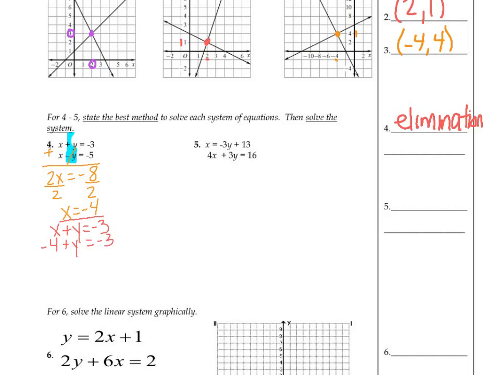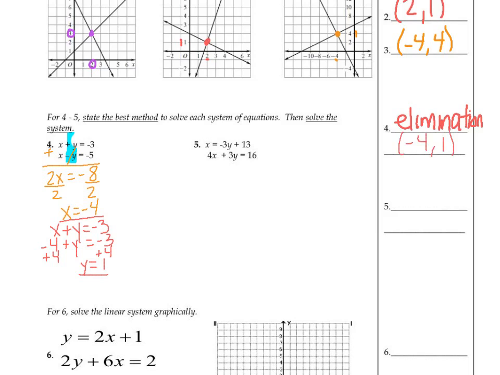And we want to solve for y. So we need to add 4 to both sides, and we get y equals -3 plus 4, which gives us 1. So we have y equals 1, and x equals -4. So we can write that as an ordered pair, which would be -4, 1.